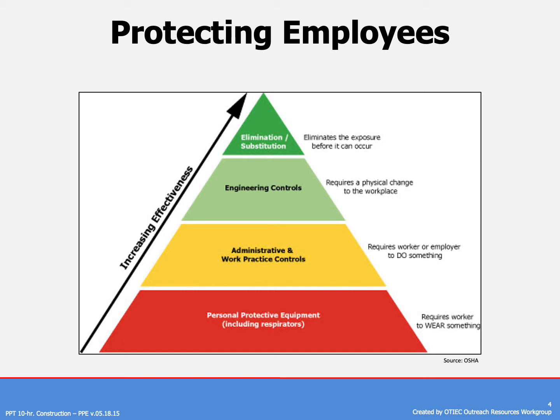And then followed by our last line of defense is PPE. And you can see on the pyramid that increasing effectiveness works from the last line of defense, which is PPE, all the way up to the top of the pyramid, which is where we would eliminate the exposure before it can occur.